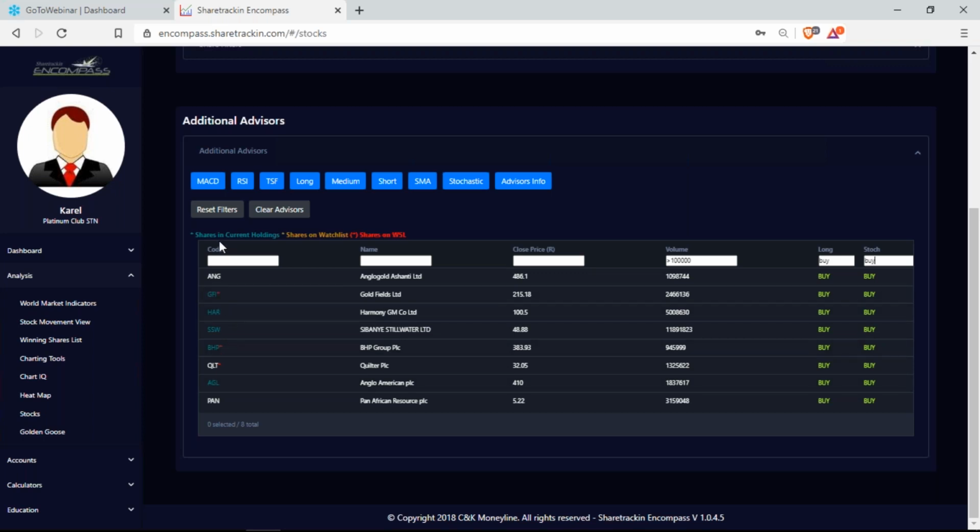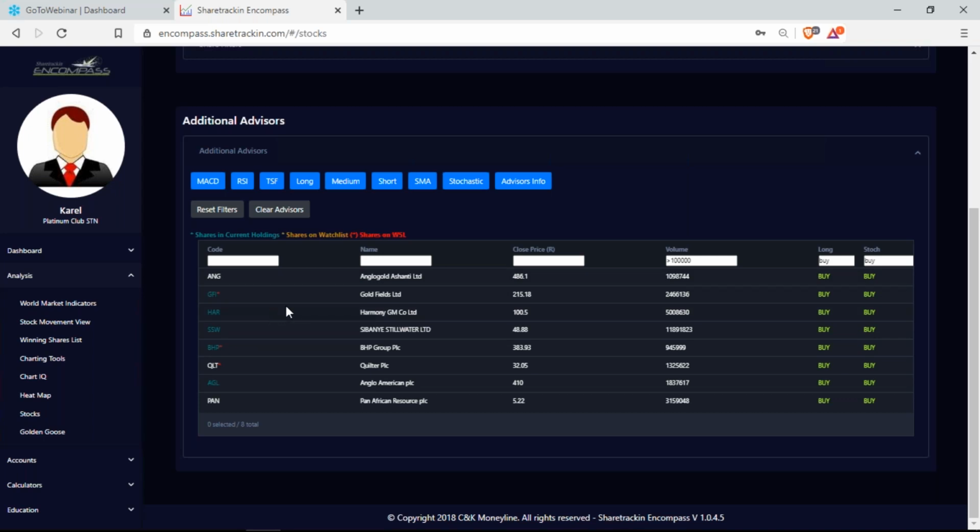That is just to inform us that we bought that share. If it is in this orange color, it means that this share is on the watch list. So the code would then just be in this orange color. If it has a little red star like GFI, BHP, and QLT, it means that this share is on the winning shares list.